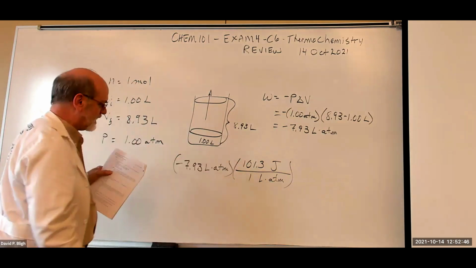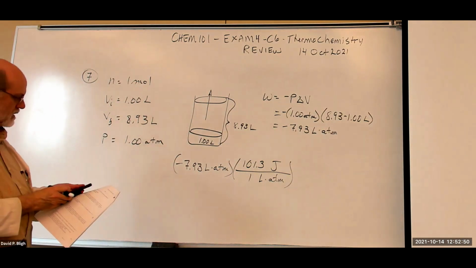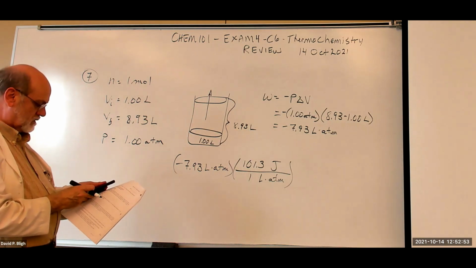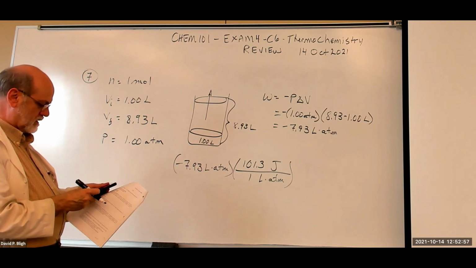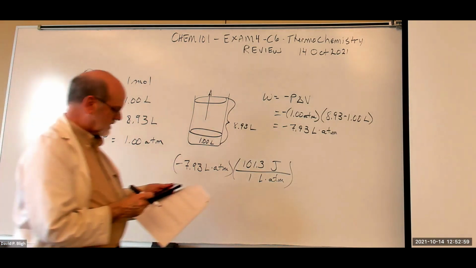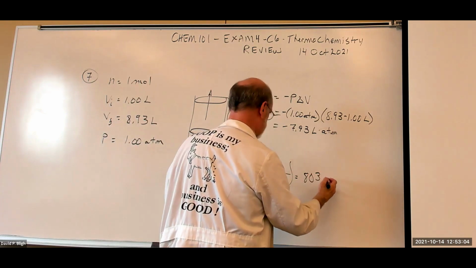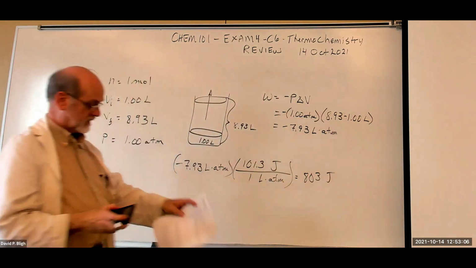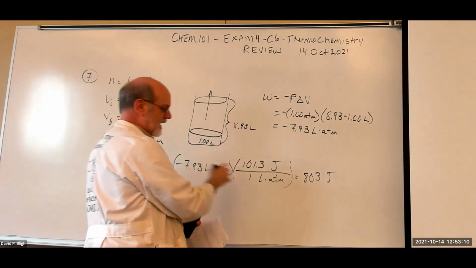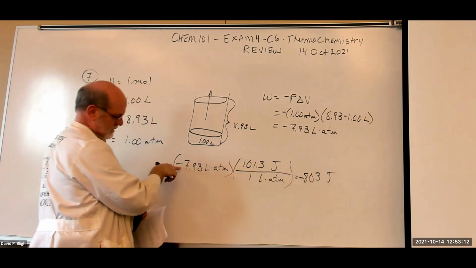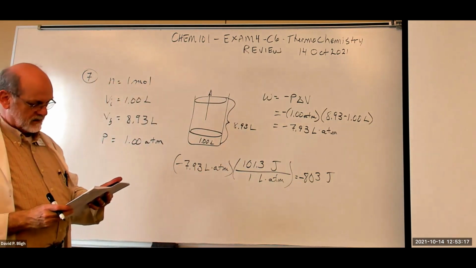So we just multiply that times 7.93. So I get 803 joules. Is that one of the answers? Oh, forgot the sign, didn't I? That negative right there. Negative 803. That's B.